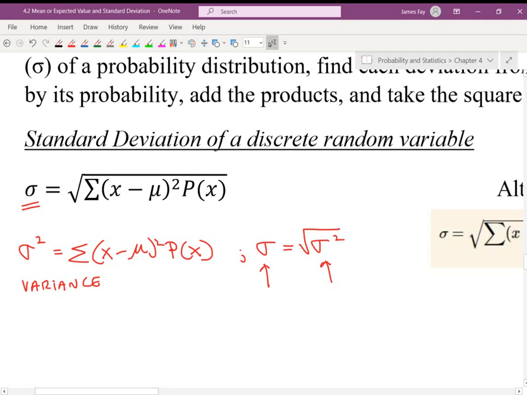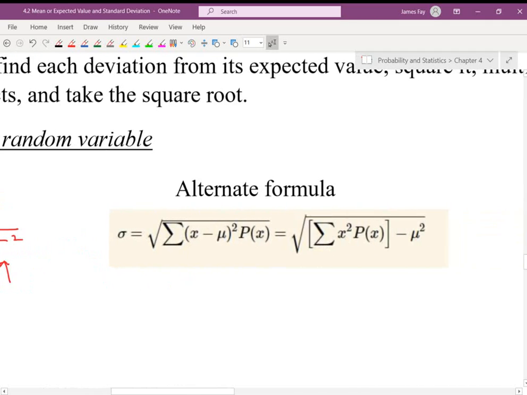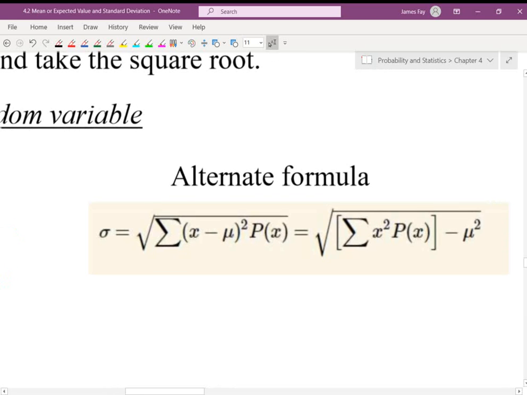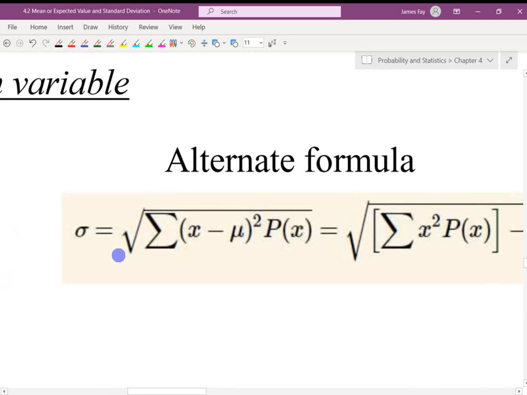Now, we talked about standard deviation and variance back in chapter 2, and we went through the proof of standard deviation being able to be written in two different formulas. This formula is the one that I just had there. That's the same thing.